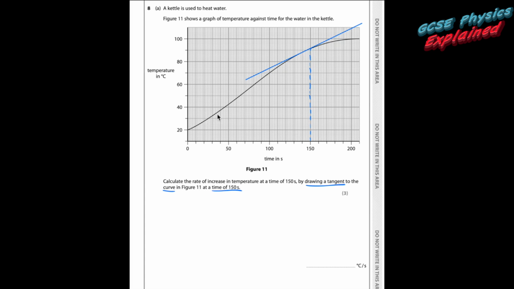You see, if I was to draw a tangent to the curve there, what is the line doing at that point? Well, it's sort of coming up there like that. So you can see the gradient here is ever so slightly different to the gradient there. So that's why we draw the tangent, to see exactly what's happening at that particular point.